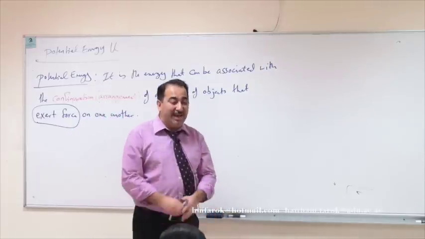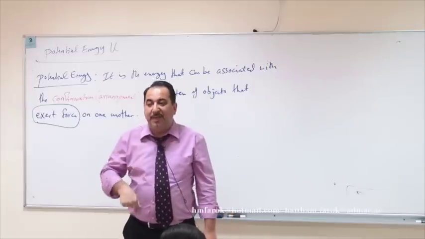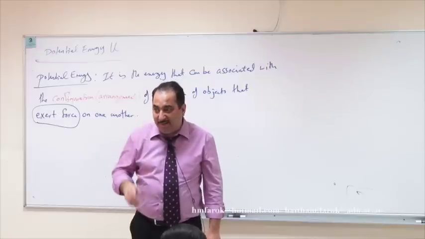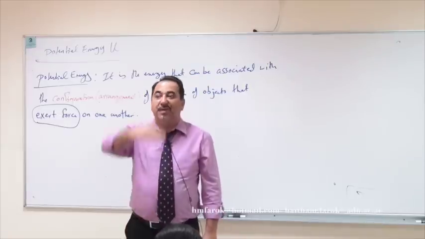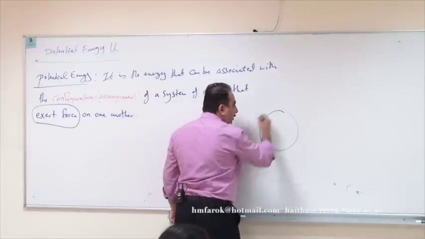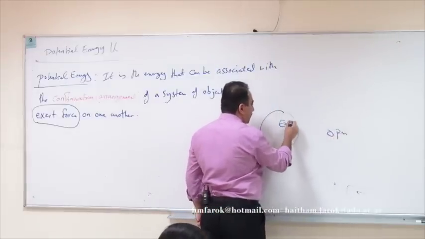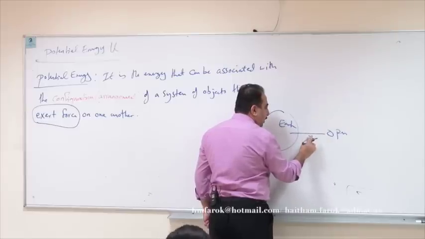So I don't want you to think like what you learned in school. Potential energy is mgh. You remember mgh? H is height. Height because you are talking relative to the ground and everything is above ground. But think in space. You have Earth and pen. What do you have now? Arrangement.